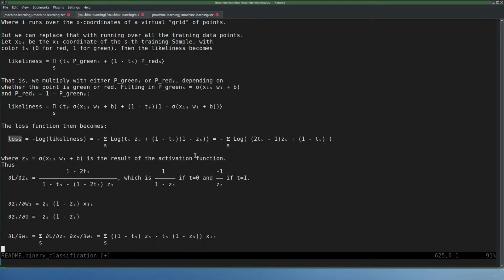that's the loss function. It's like literally minus the log of something, writable as the minus the sum over all samples of the log of something.